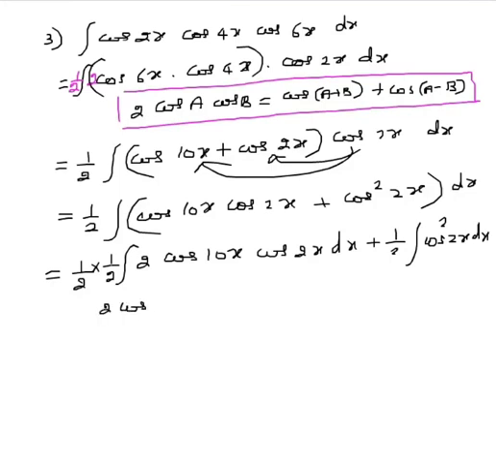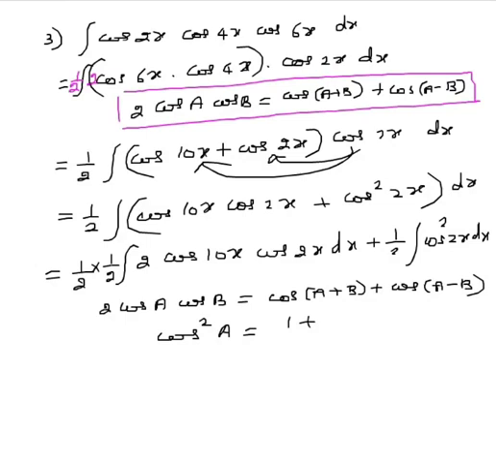Let us use 2 cos A into cos B formula for the first term, which is cos A plus B plus cos A minus B, and use cos square A formula, which is 1 plus cos 2A divided by 2.